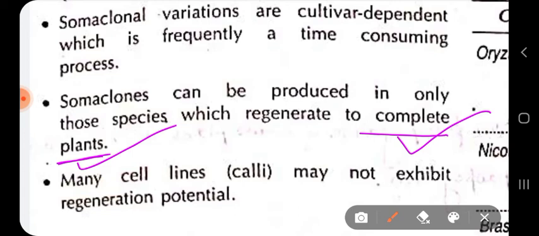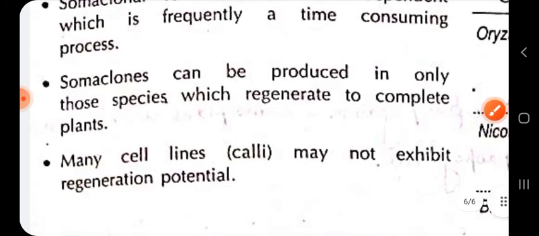So somaclones can only be produced in those species which regenerate fully to complete plants, and many cell lines may not exhibit the regeneration potential. Many cells are not capable of growing into a complete plant.